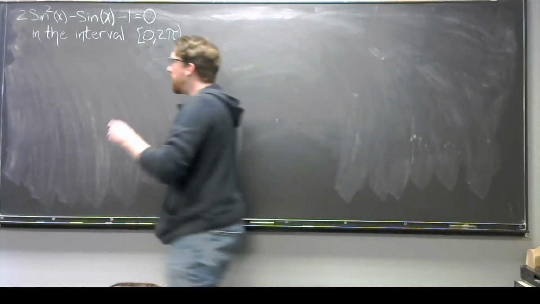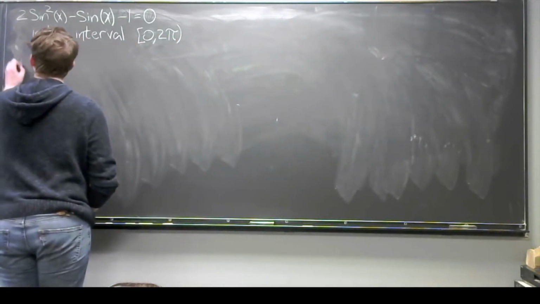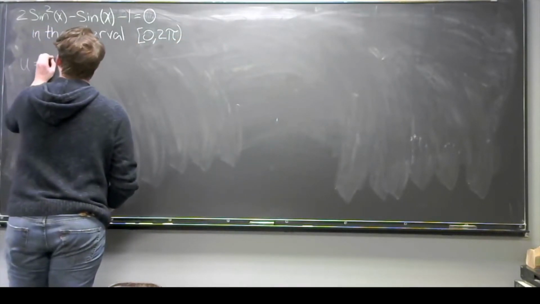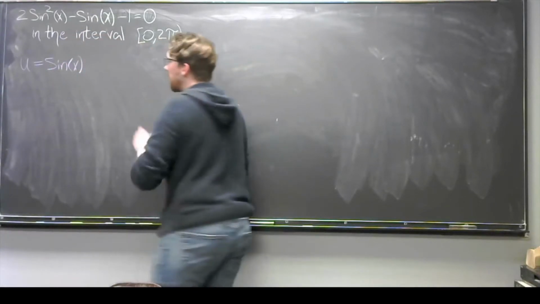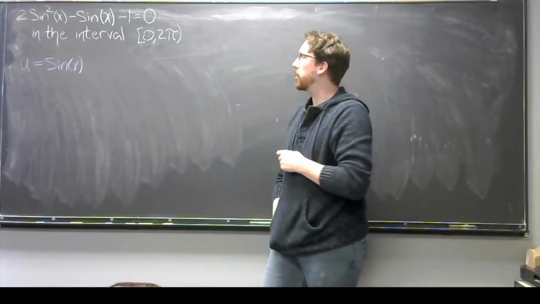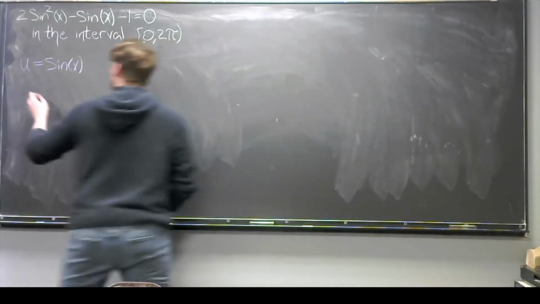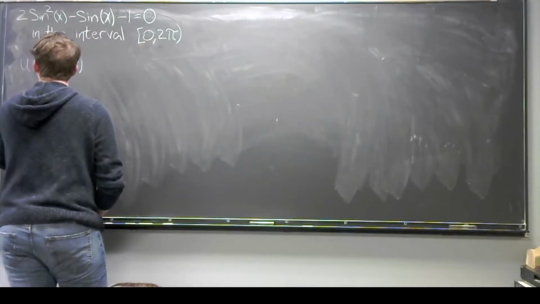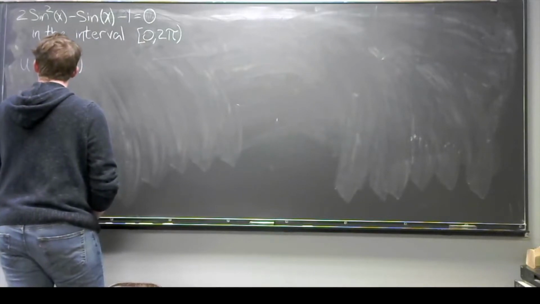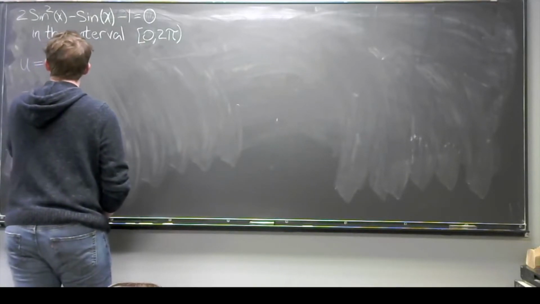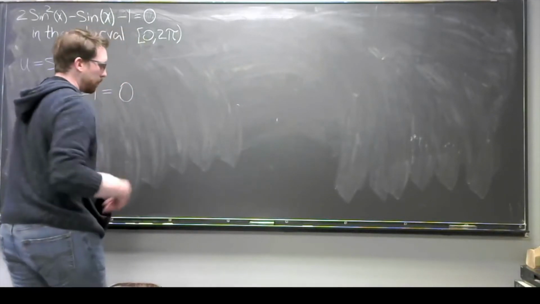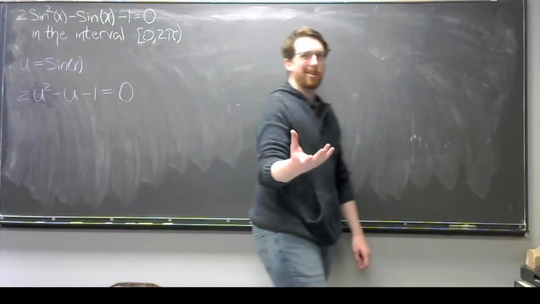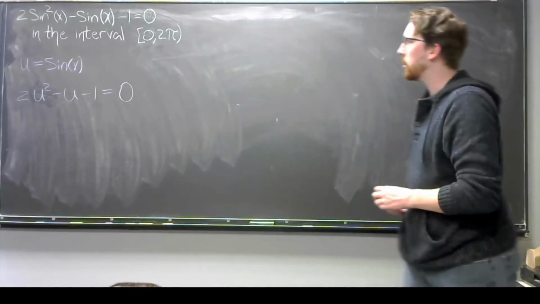If we were to substitute u for sine x, our equation would look something like 2u squared minus u minus 1 is equal to 0. Well, we know how to solve these equations from algebra, right?